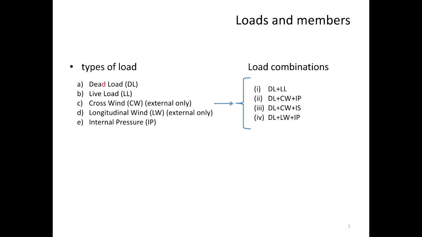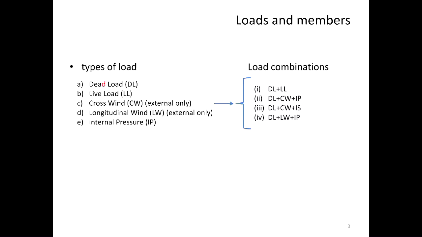As you've done with your assignment 1 and as you would have done in materials and structures, you do load combination. You use dead load and live load. Do you remember that? It's the same combination we have. So for industrial structures, we've got these combinations to consider. You can add dead and live load; dead load, crosswind and internal pressure; dead load, crosswind and internal suction; dead load, longitudinal wind and internal pressure.